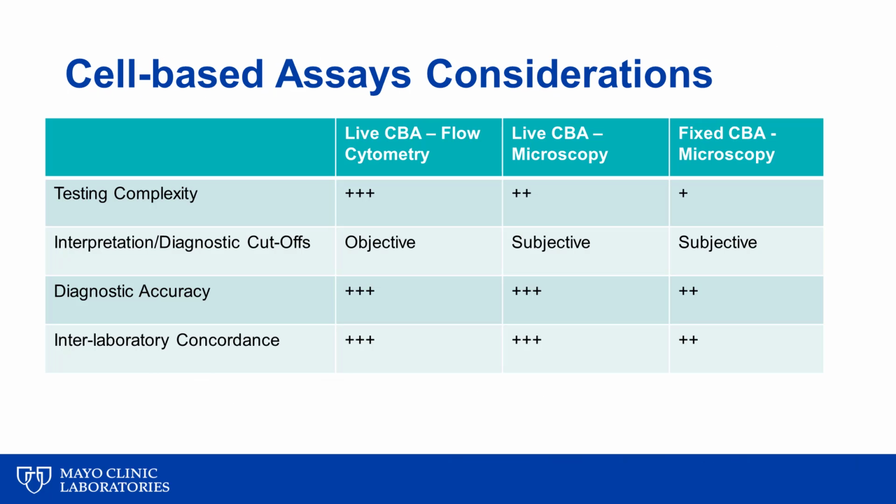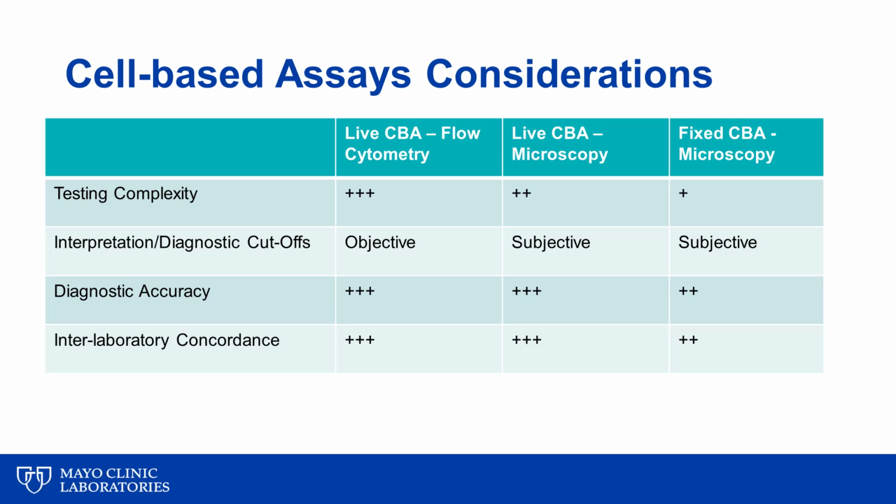In summary, when considering the use of cell-based assays, there are important distinctions between these assay types. Generally, live cell-based assays are superior for the detection of cell surface antigen targets, as is exemplified by aquaporin 4 and MOG, as compared to fixed cell-based assays.